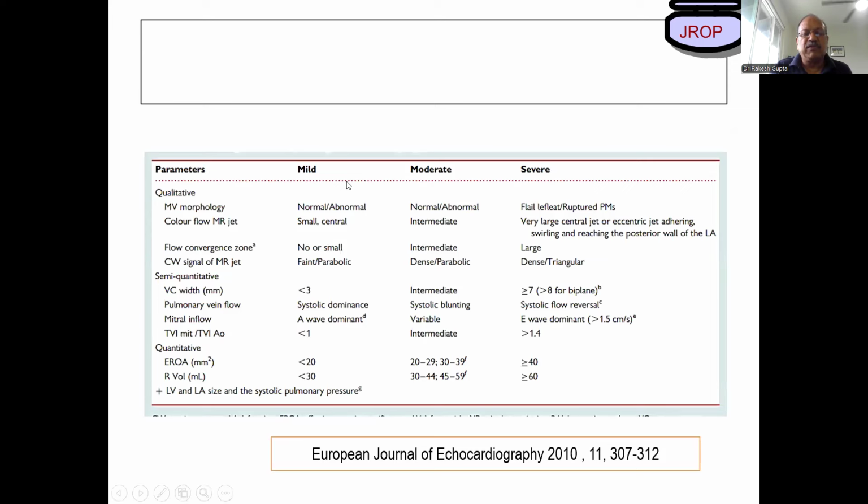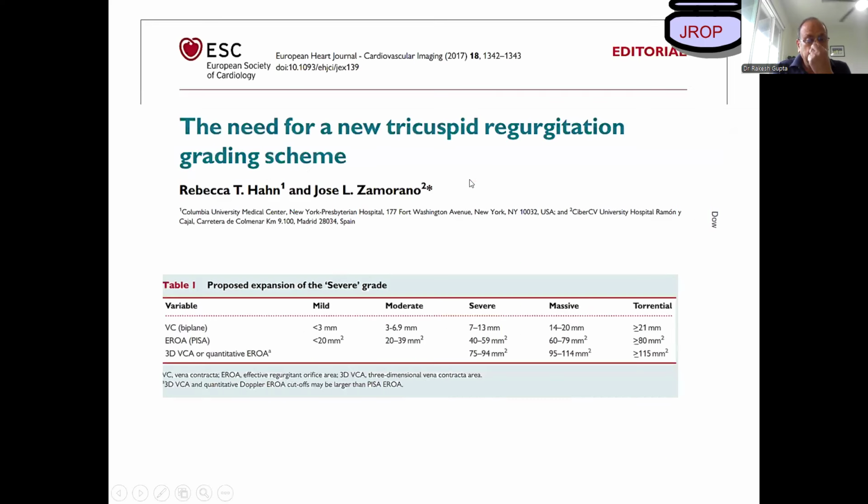Then, over a period of time, initially till 2014, we talked about mild, moderate, and severe tricuspid regurgitation based on this vena contracta. But a paper published in 2017 by Gemerano et al. categorically said we have to expand this vena contracta grading to less than 3, less than 7, less than 14, less than 21, and more than 21.